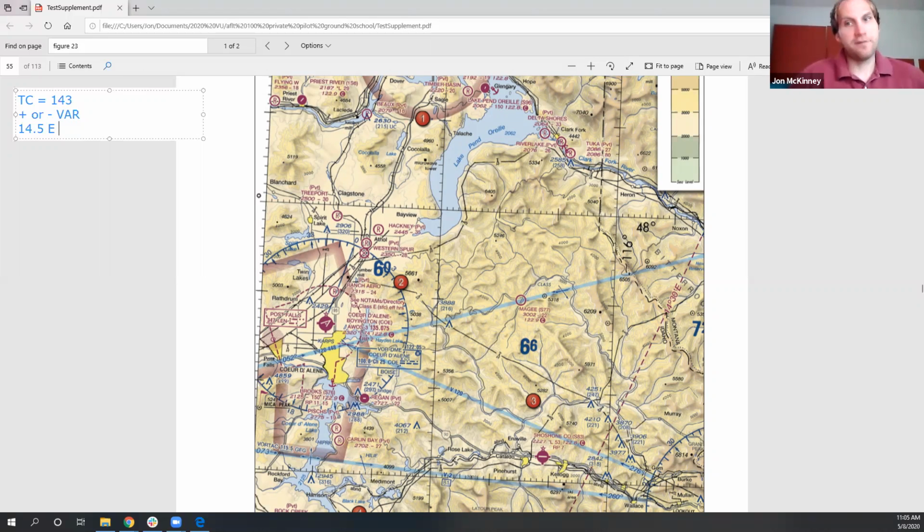Just to make it clear, it does not matter what heading you cross the line of variation on. Whether you cross that magenta variation line, I'll point it out again with my mouse, it doesn't matter if you fly across that line on an east or a west heading. The math that you do for variation is all about whether the line is labeled east or west.